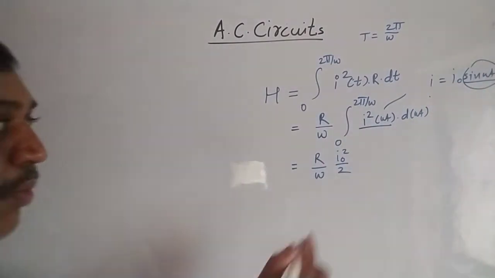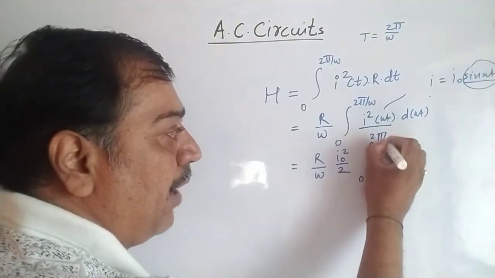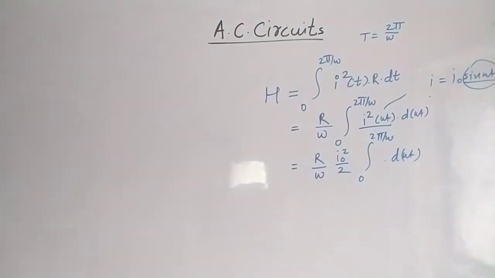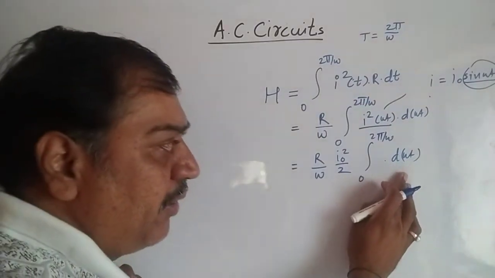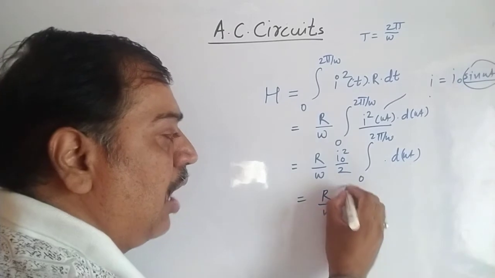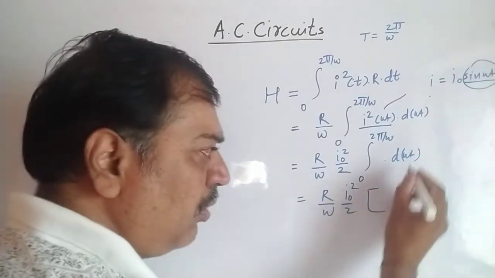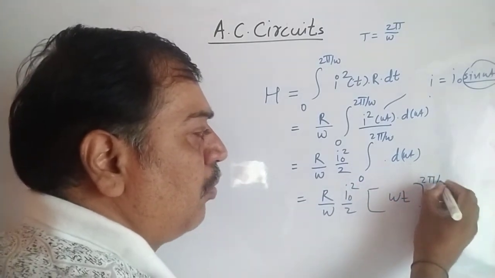Now what is the remaining term? The integration from 0 to 2 pi by omega of d omega t, which comes to be omega t. Putting the value, we write R by omega times I0 square by 2, and in the bracket omega t with limits from 0 to 2 pi by omega.